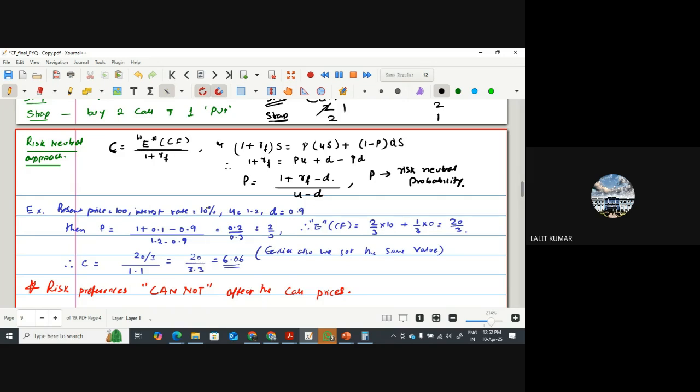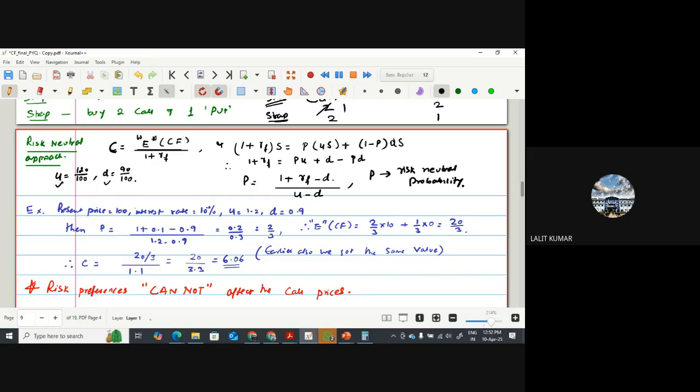We also know that if the probability of winning is P, then the other probability will be 1 minus P. U and D are nothing but U is 120 by 100 in our case, and D is 90 by 100. These are the values of U and D. If you put these in, you get the formula for the probability.